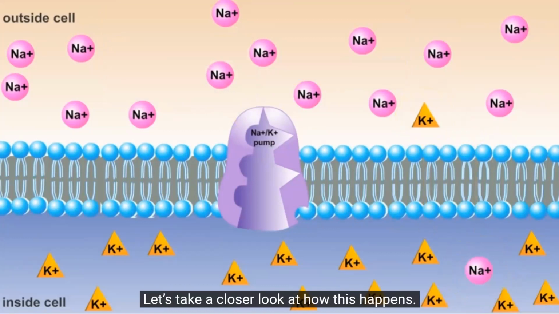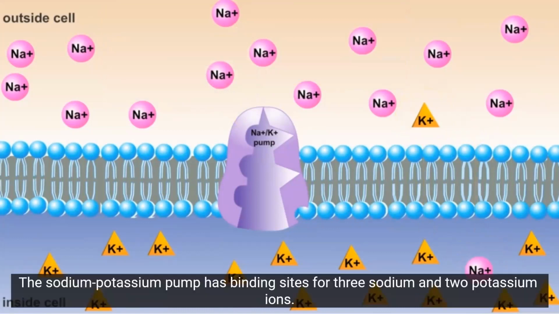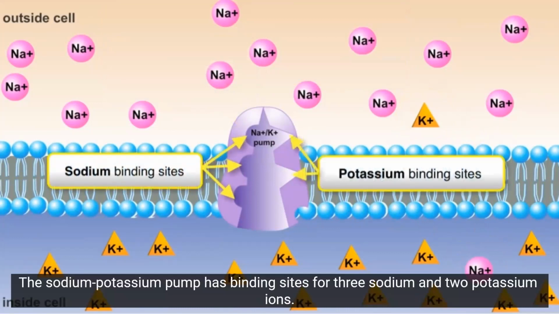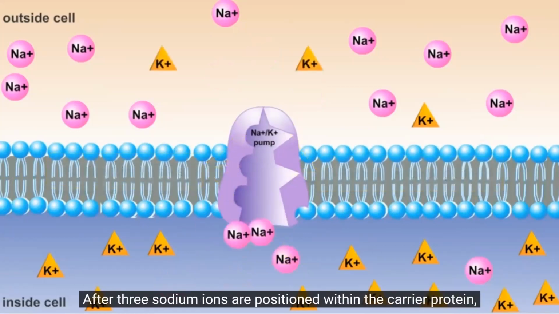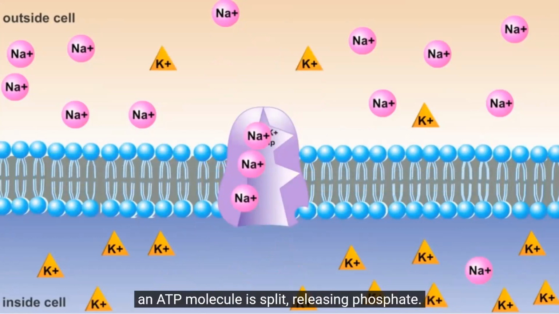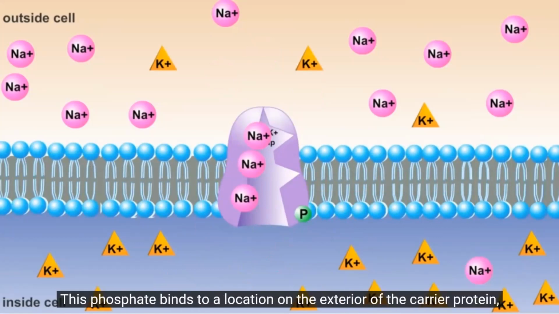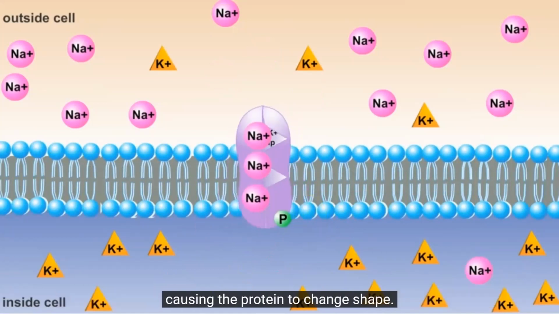Let's take a closer look at how this happens. The sodium-potassium pump has binding sites for 3 sodium and 2 potassium ions. Let's follow the movement of the sodium ions first. After 3 sodium ions are positioned within the carrier protein, an ATP molecule is split, releasing phosphate. This phosphate bonds to a location on the exterior of the carrier protein, causing the protein to change shape.